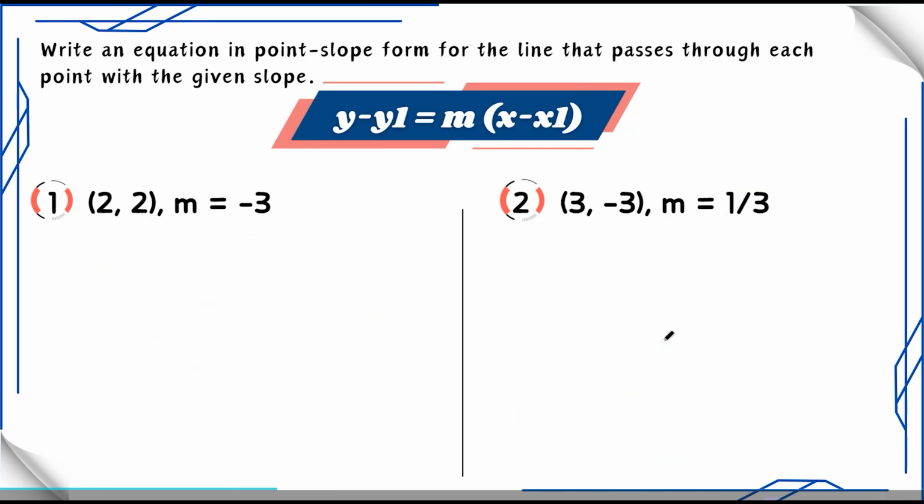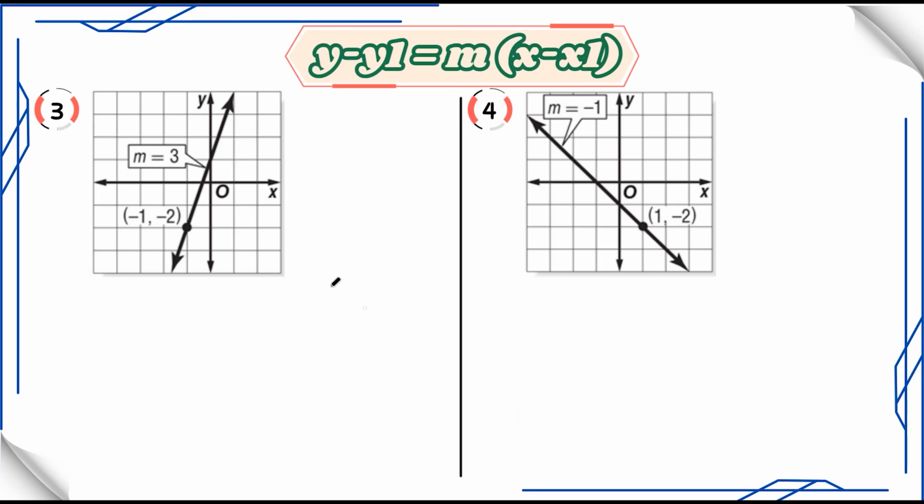More questions? How can we find point slope form from the graph? Same, by using the slope from the graph and by using a point. Here we have x1, y1, and you have here a slope. First, write the equation formula like we have here: y minus y1 equals m multiply x minus x1.